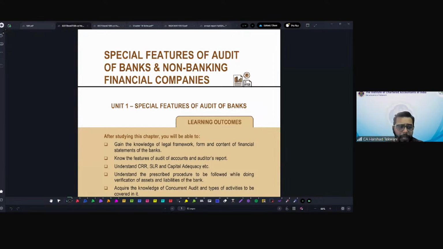Any other act? Do you think any other law or regulations? SEBI related guidelines? Yes, very good. PAMA Act or Basel Committee. Yes. RBI directions with respect to Basel III capital requirements.